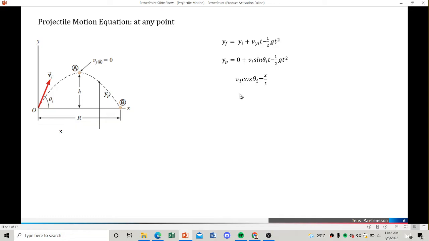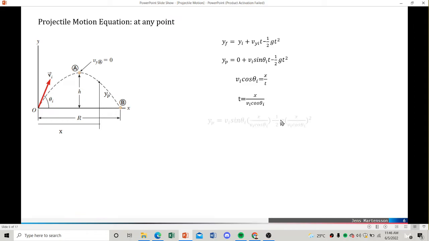Okay? So now, vi cosine theta in terms of the x direction, that is equal to x. So x is what we are locating here, right? So we have the velocity equals distance over time. So our distance at any point is equal to x over the time. So time here is equal to x over vi cos theta i.